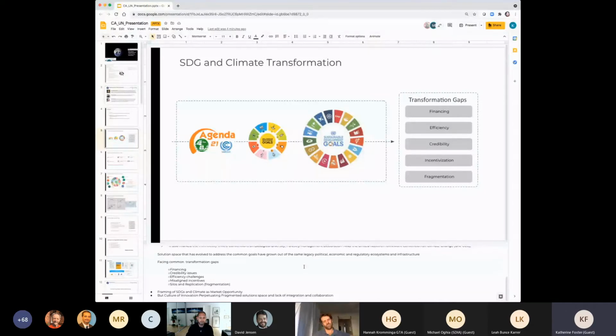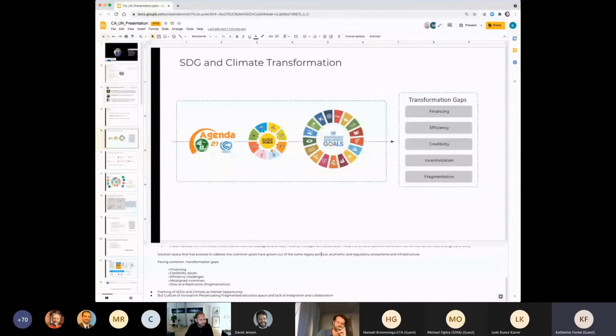And what I find interesting is the solution space that has evolved to address those common goals. What has grown out of this political, economic, and regulatory ecosystem and infrastructure are the common transformation gaps that we're still facing. And that includes issues of financing, issues of efficiency of the initiatives that are emerging out of the different sectors and the different initiators of these initiatives.